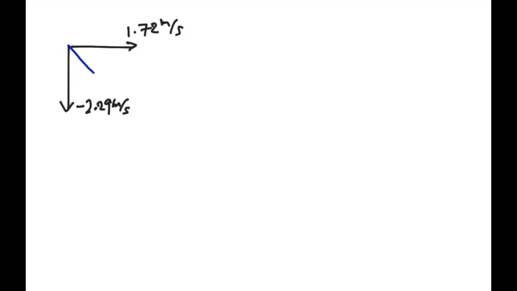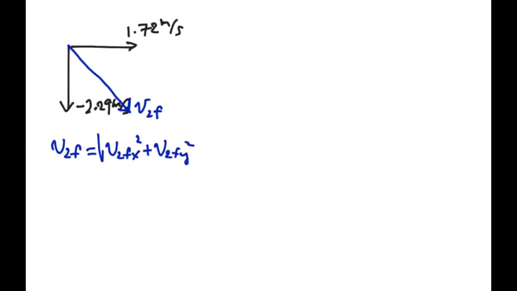So our net velocity is the vector sum of these two. To find the magnitude of that final velocity, v2 final, we would have to use the Pythagorean theorem. So v2 final is going to equal v2 final in the x direction squared plus v2 final in the y direction squared, those components, all that square root.